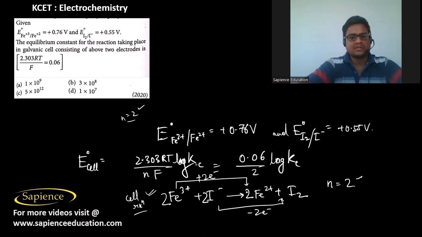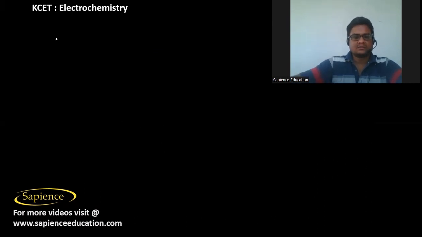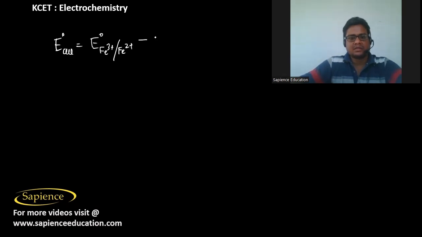So now the E naught cell is equal to E naught at the cathode, meaning the reduction potential at the cathode, which is Fe3 plus to Fe2 plus, minus the reduction potential at the anode, meaning E naught from I2 to I minus.